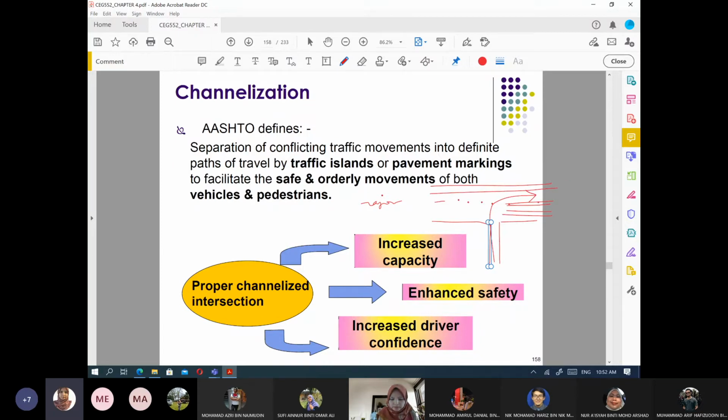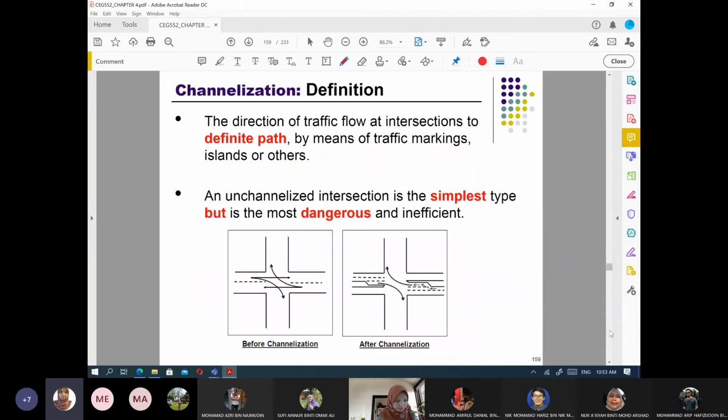So you nak cross pergi sebelah sana, you don't have the confidence to cross over when you don't have this channelization. So when you provide, you can actually reduce this problem lah, conflict ataupun kita kata problems. Okay, they give you a definite path, okay, laluan yang tetap kepada user tu.